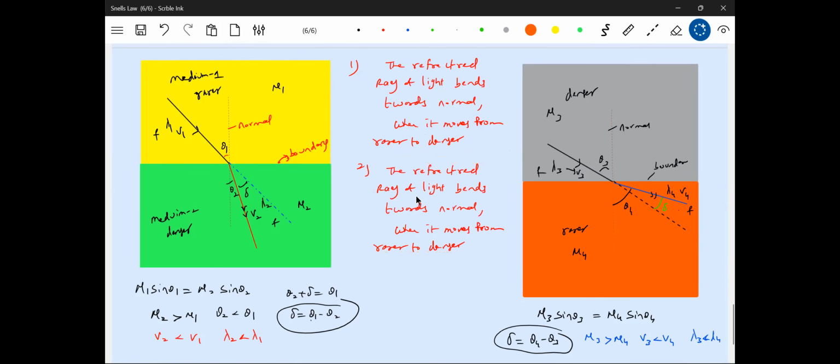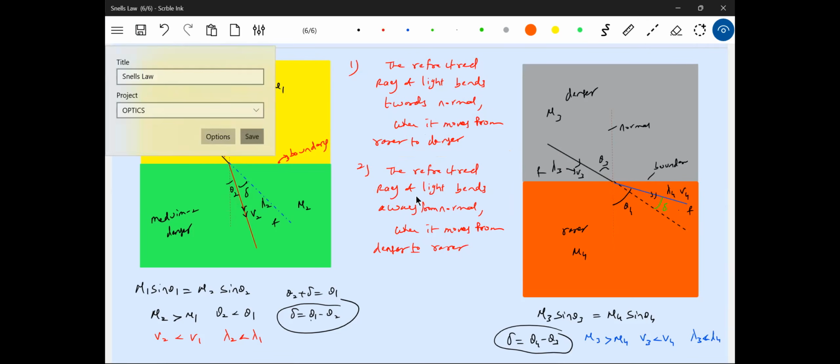The refracted ray of light bends away from the normal when it moves from denser to rarer. So when a ray of light moves from rarer to denser, it will bend towards the normal. When it moves from denser to rarer, it will bend away from the normal.